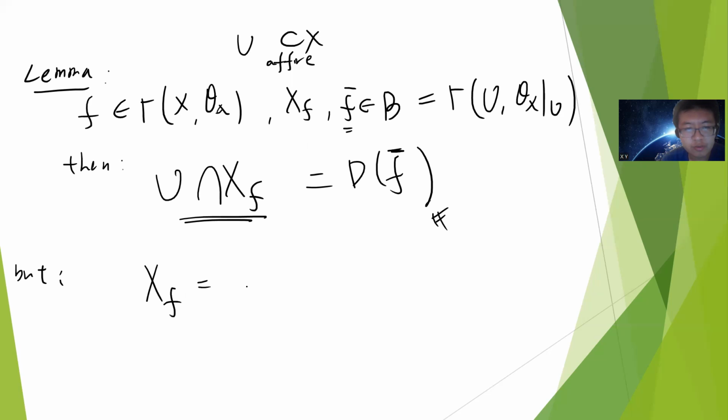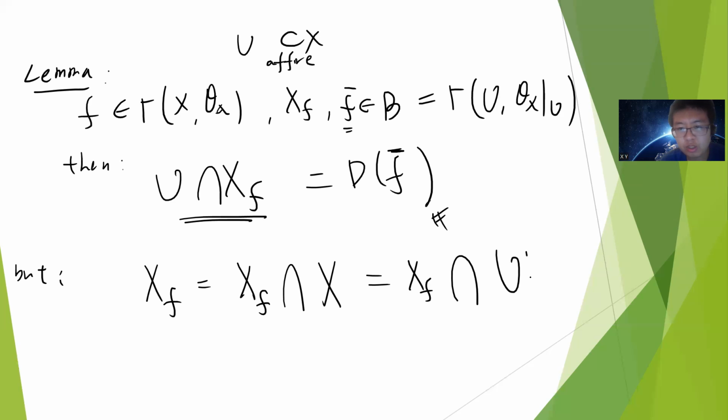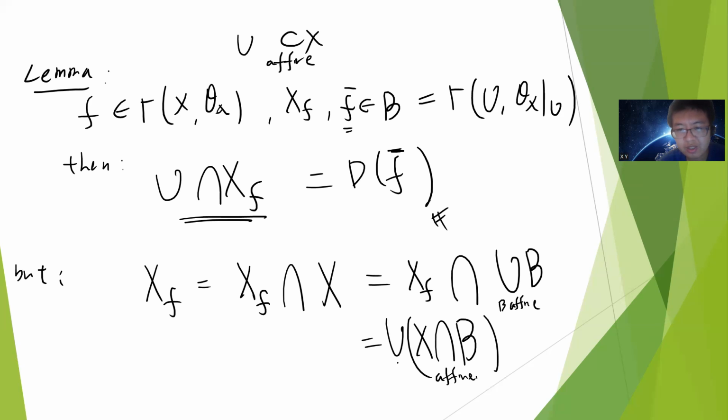X_f, right? One can write X_f in terms of the affine open cover, since X has an affine open cover. So X_f can be represented as the intersection of X_f with the union of all affines, right? So now U is affine. Then this is the same as the union of X_f intersected with all the affines. Each X_f intersected with an affine U will be D of f bar.